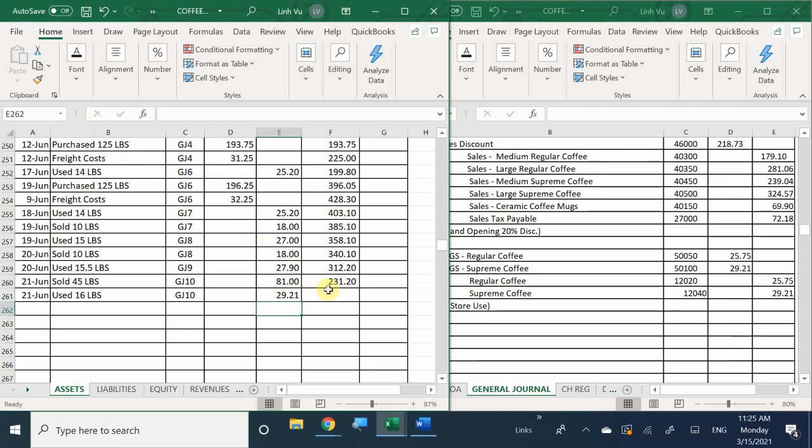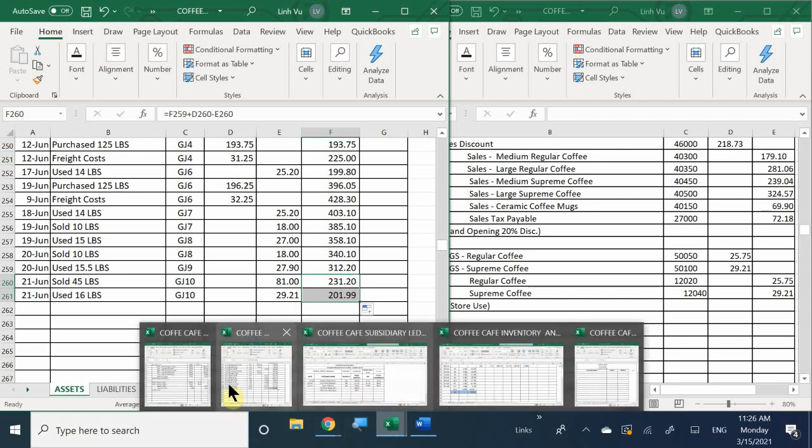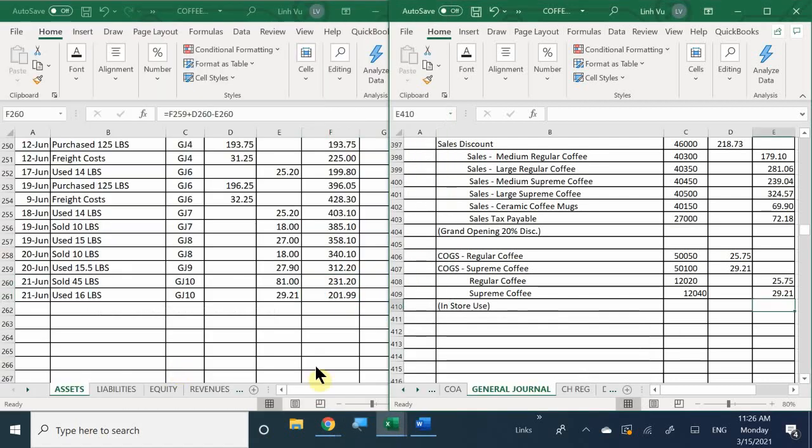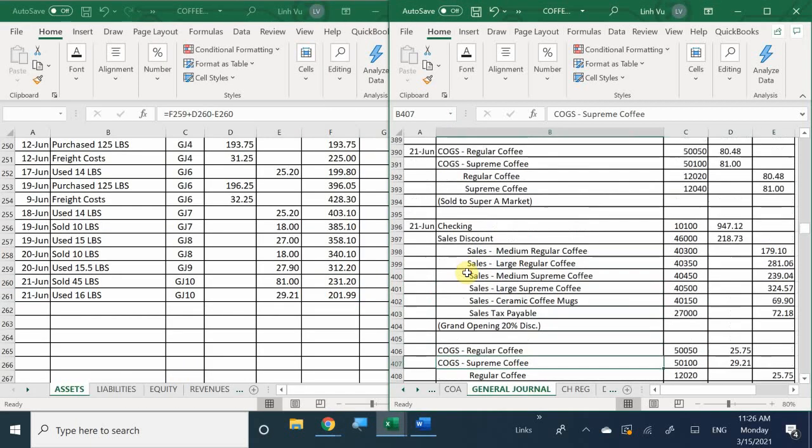Okay. So what is our new account balance? 201.99, which is exactly what we solved for in our inventory. Okay. All right. So last thing here, what should we do?